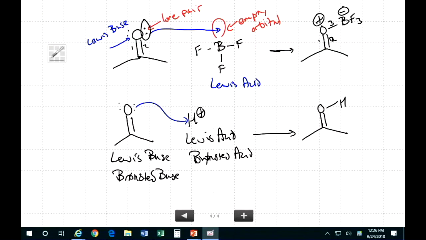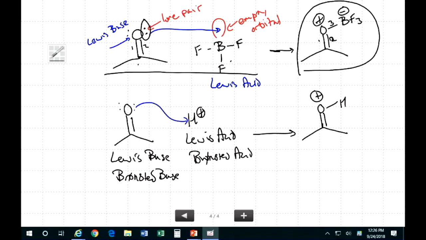Again, oxygen has 3 bonds, so it's positive. Here, I start out with an H+, so my charges stay the same. Up here, neutral thing plus neutral thing, I have to have something that is overall neutral, so plus minus is overall neutral. Down here, a neutral and a positive thing, I have to make something that's positive.